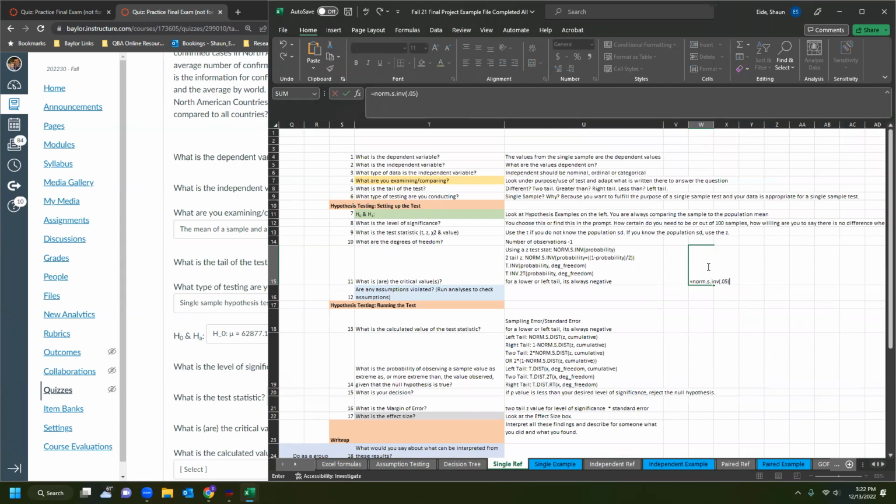So this right here is for a one tail, but for a two tail, what we're going to do is 1 minus the probability. So let's do this.